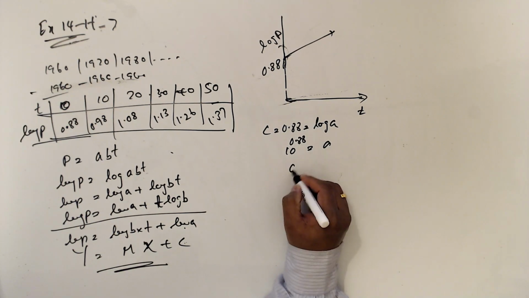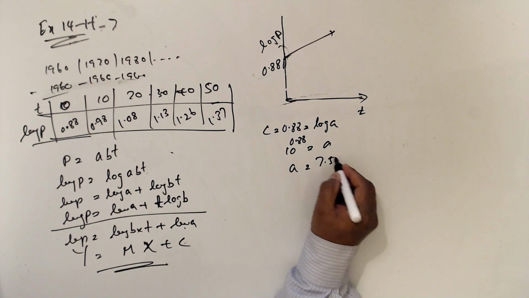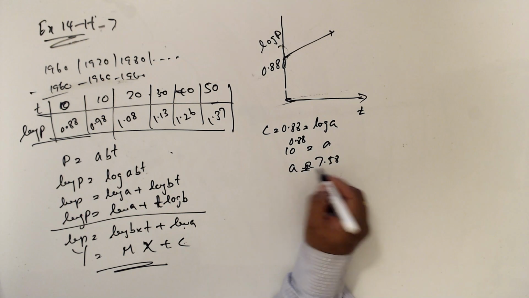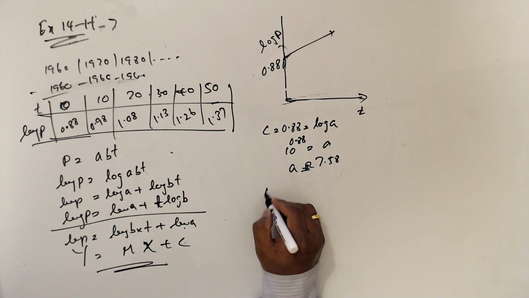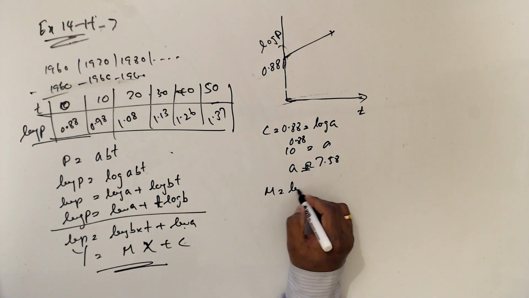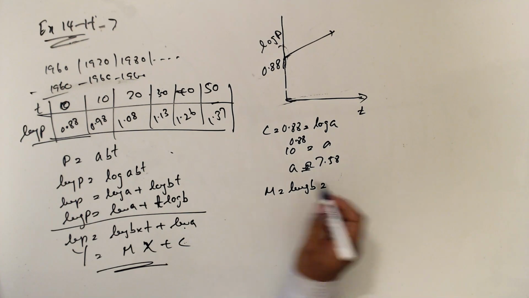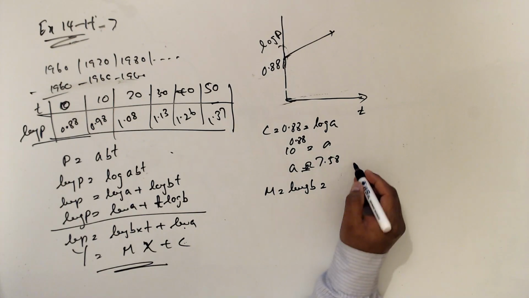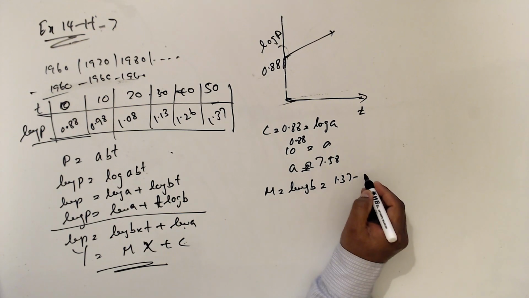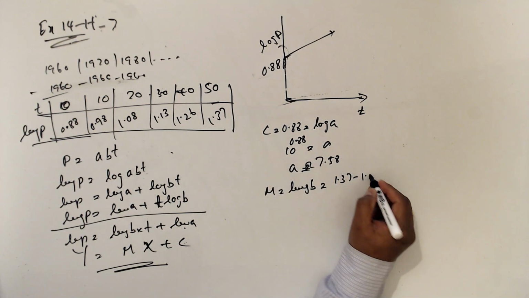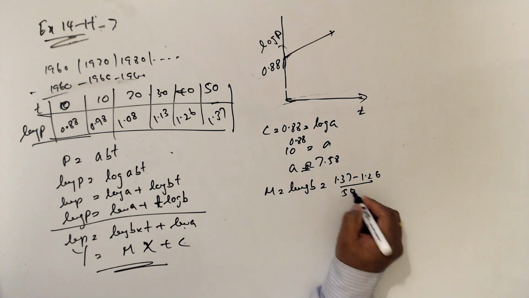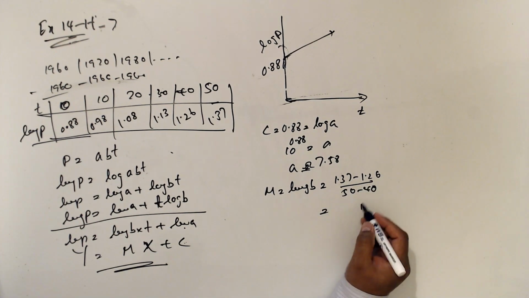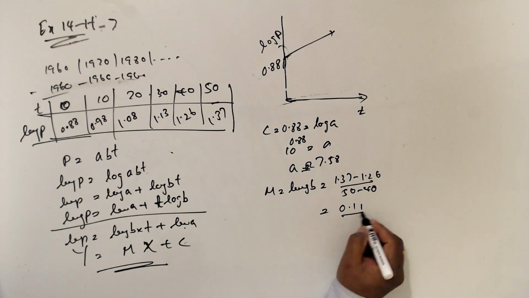That is, a is approximately 7.58, and m equals log b equals change in y over change in x. So this is 1.37 minus 1.26 over 50 minus 40. So this is 10.